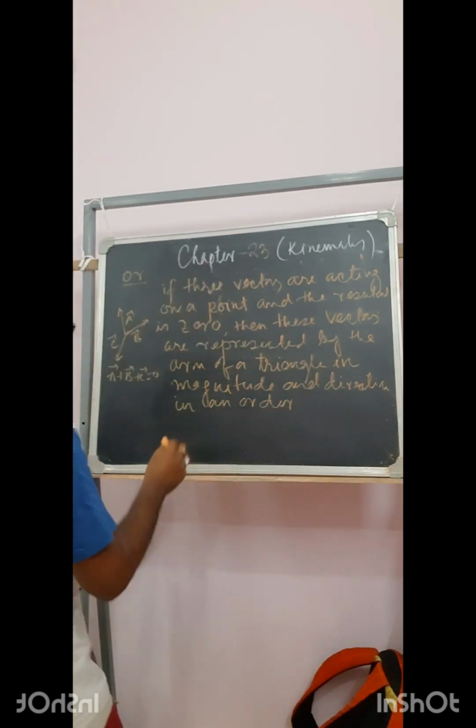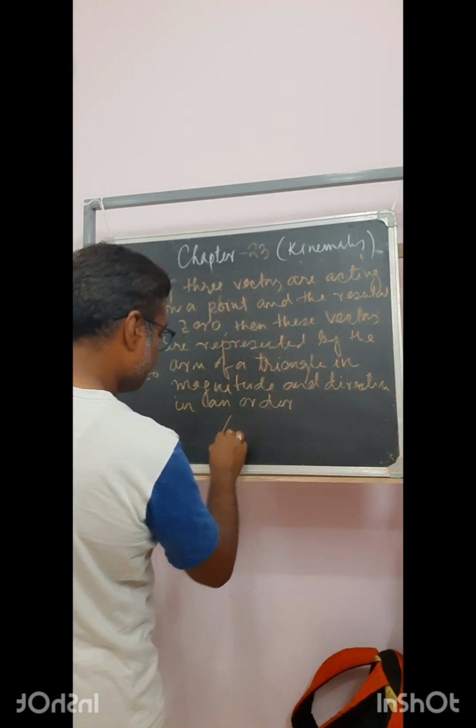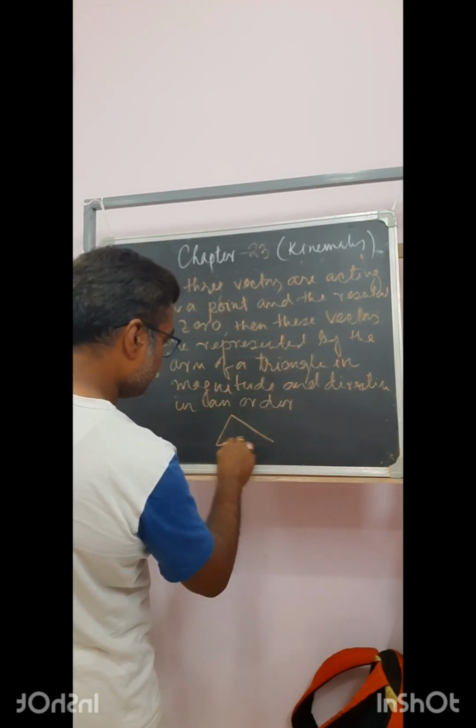That means the three vectors are in the same order. If this is a triangle with A, B, C, all three are in the same direction, which implies that the sum of the three is 0.